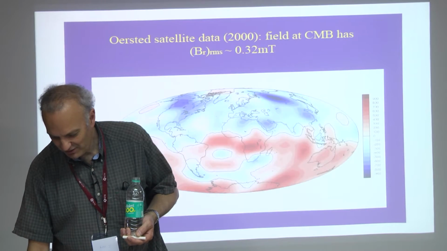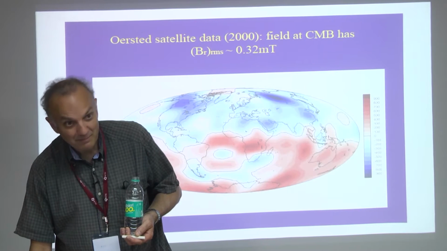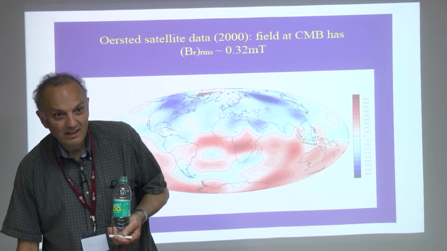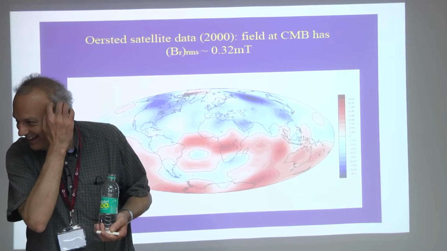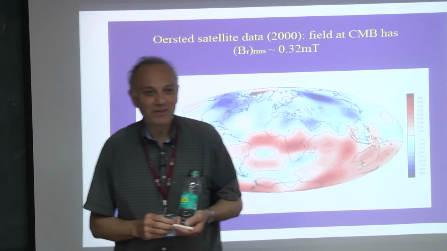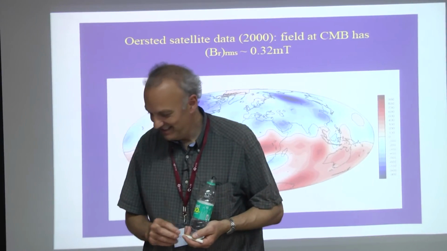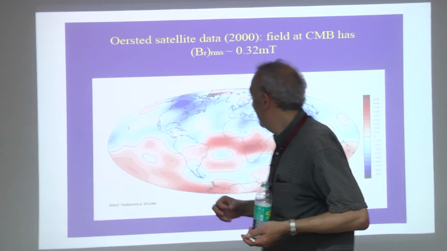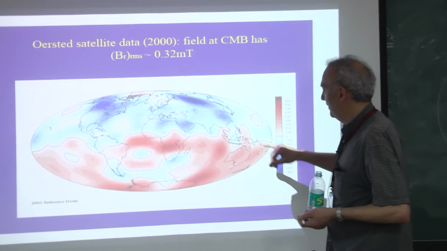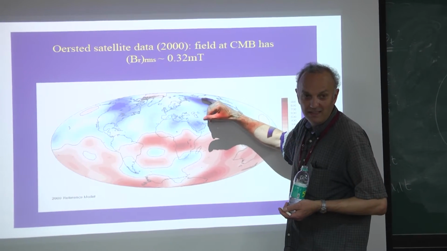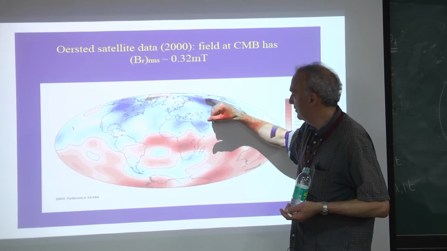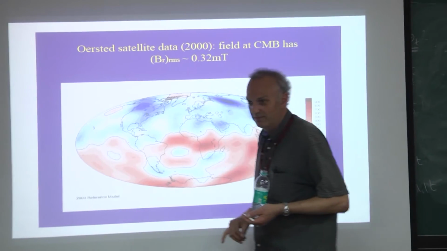I'll show you instead. Gauss. Oh, 3. 0.3 milliteslas. Very good. It's getting up to about 1 millitesla here in the strong regions.